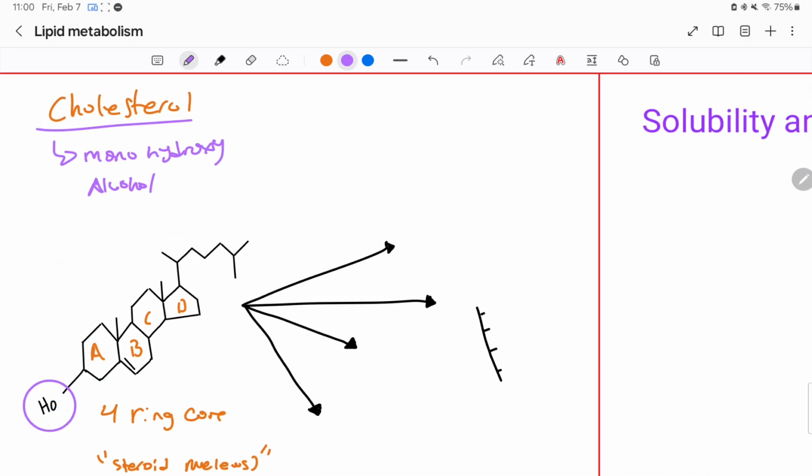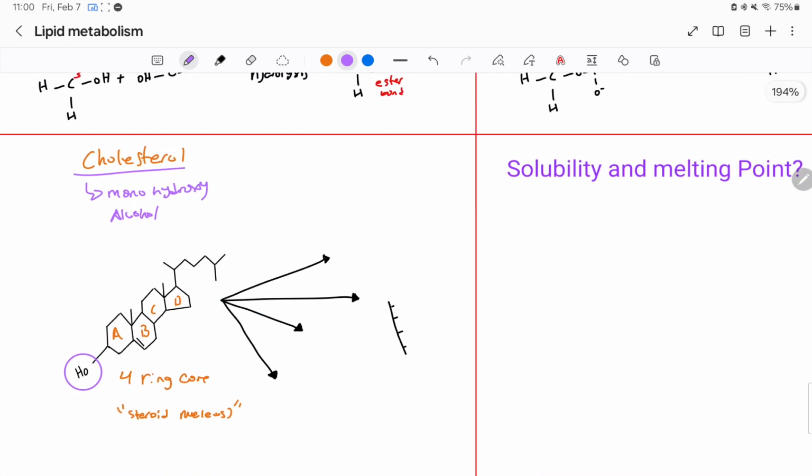But cholesterol is actually very important. It gets a very bad rep in your body. A lot of the times people say, oh, cholesterol's bad. It's actually very important, extremely important for regular, normal physiological function.